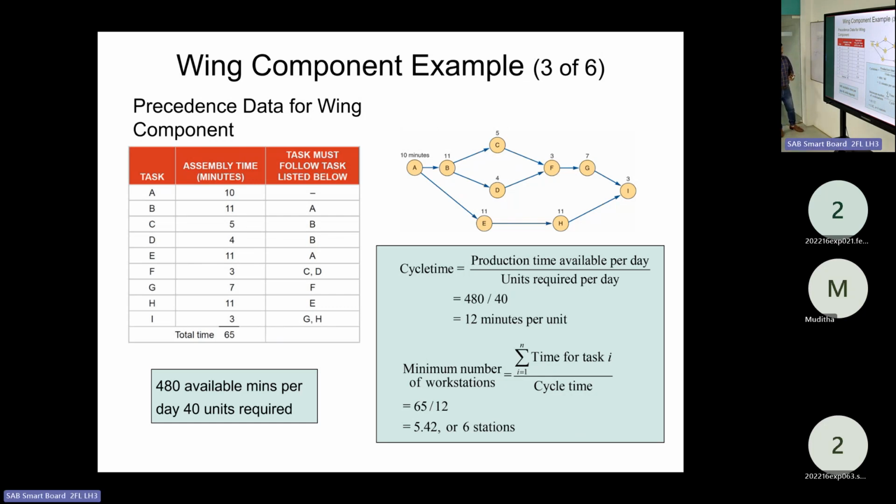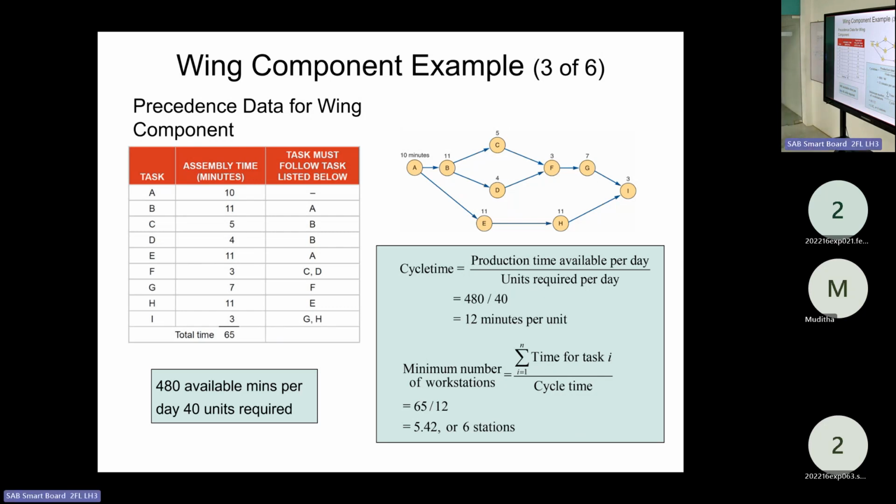That is calculated by dividing flow time, the total task time, given as 65 minutes, by cycle time, that is 12 minutes. 5.42.